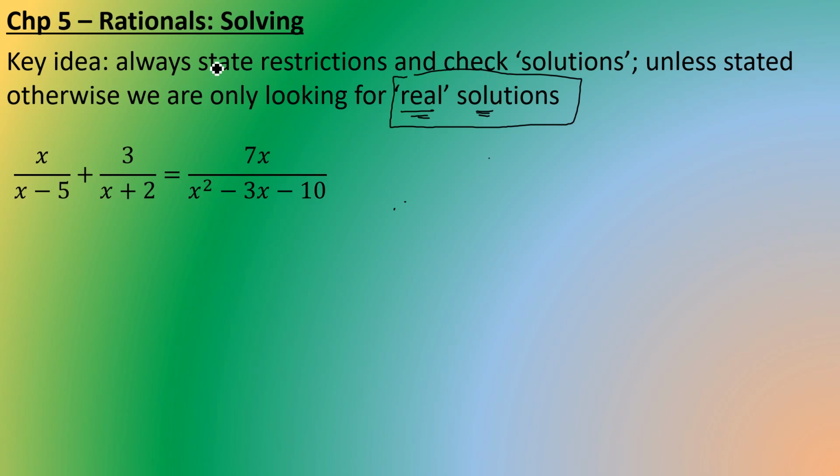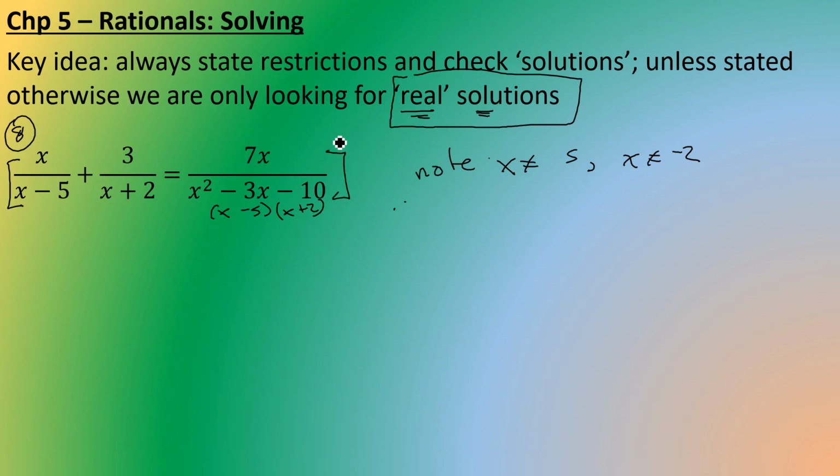All right, so this is example number 8. And I'm going to start by factoring. And I note x cannot be 5. x cannot be negative 2. Otherwise, I continue like usual.